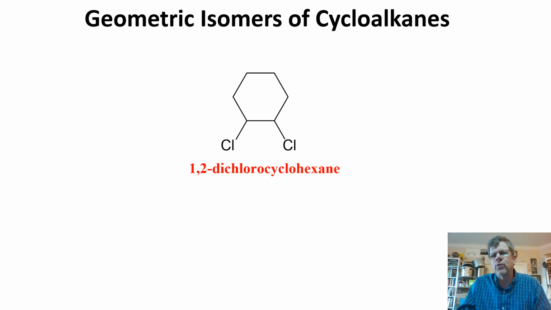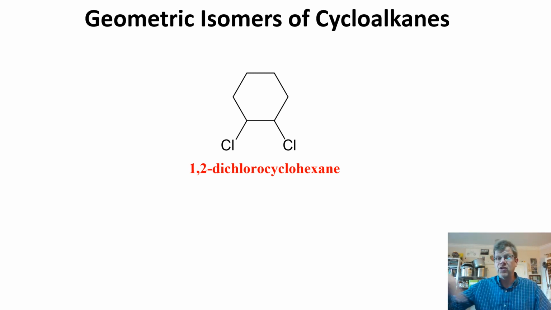Okay, let's go back to a structure that we looked at before. We had named this structure, if you remember, 1,2-dichlorocyclohexane. And I'm going to introduce now a little idiosyncrasy with respect to cyclic alkanes. Alkanes having carbon-carbon single bonds can rotate around those single bonds.